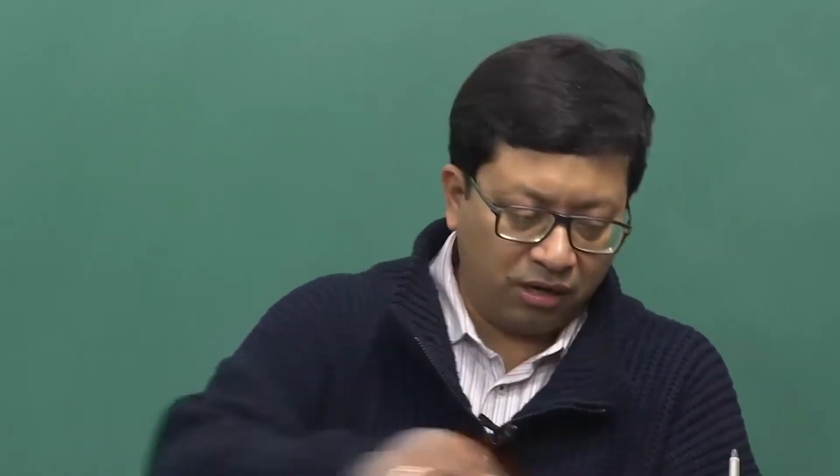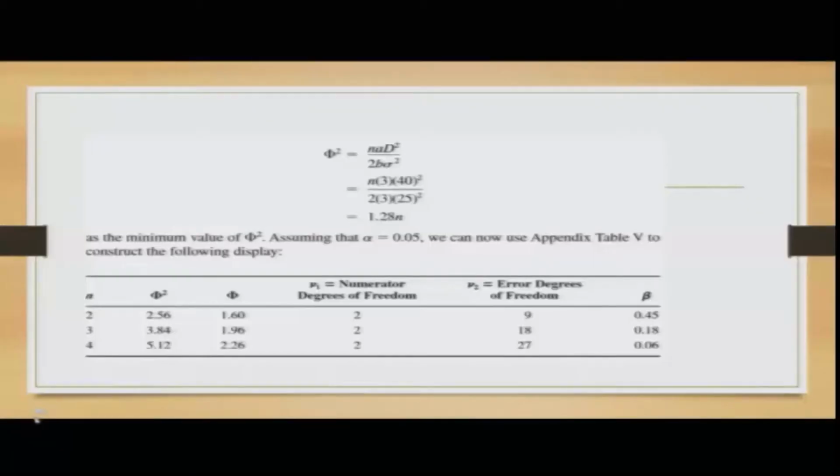In the formula which I will try highlighting, the value was n b d square divided by 2 a sigma square.